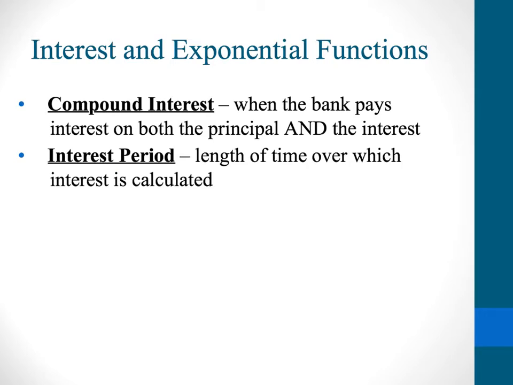And when we talk about an interest period, the interest period is the length of time over which interest is calculated. Typically, the interest period is on a yearly basis, so we would say a 1-year basis. Now where you have to watch this is if they say that they pay interest quarterly.